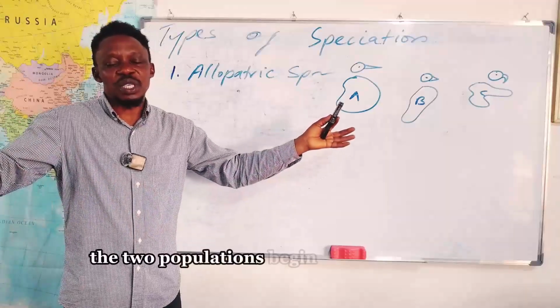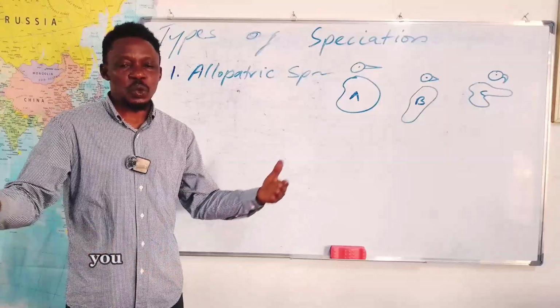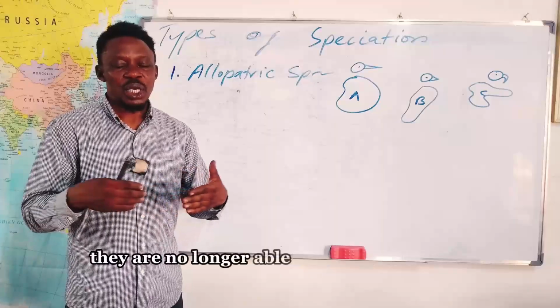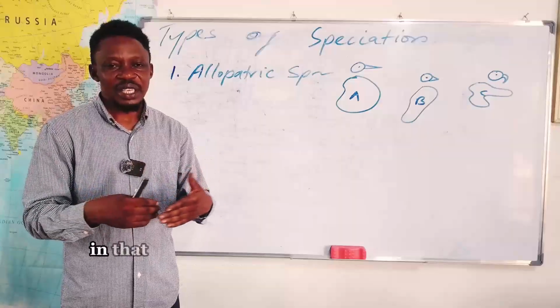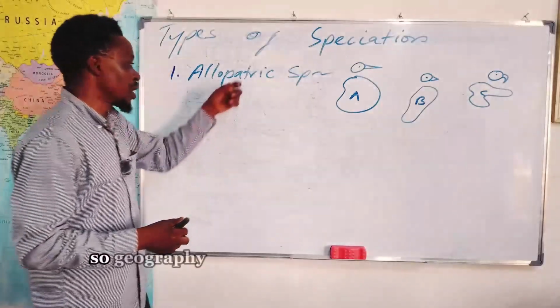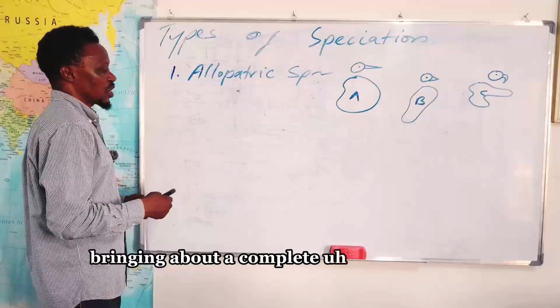The two populations begin to diverge so much that, if you bring them together again by chance, they are no longer able to mate, or the willingness to mate is simply not there. In that case, they have formed two different species. So geography is a major key factor there, bringing about a complete separation.